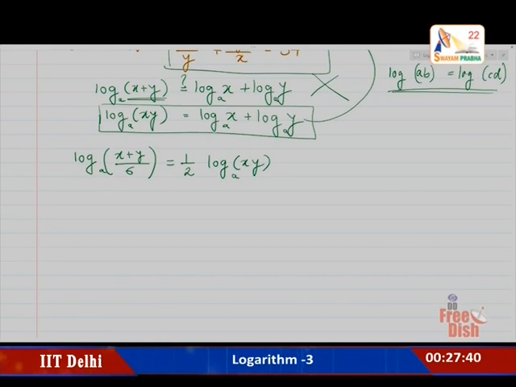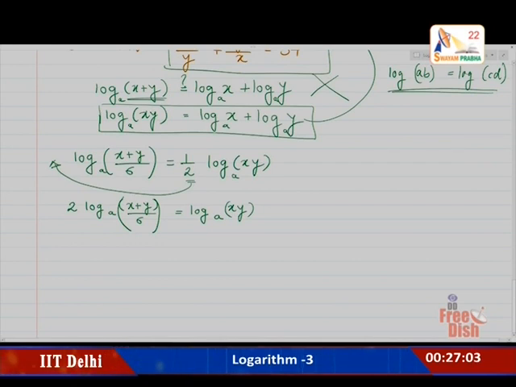Can I further simplify this expression? Yes, I can. This 1 by 2 is creating a problem for me. So I will push this 1 by 2 to this side, and that will make this particular expression as 2 times log to the base A of x plus y upon 6, this entire thing in the brackets, is equal to log to the base A of x into y.